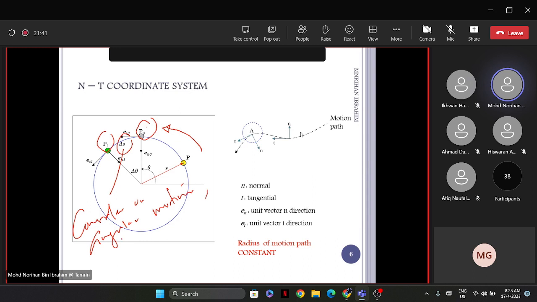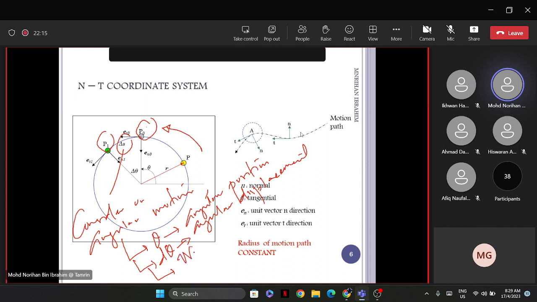So when we talk about these angular motions, it's related with this theta, angular position. It's related with d theta, the angular displacement. It's related with this omega, which is equal to theta dot.